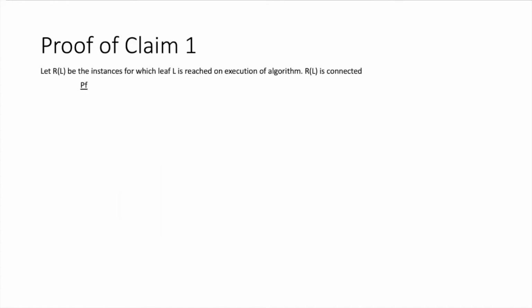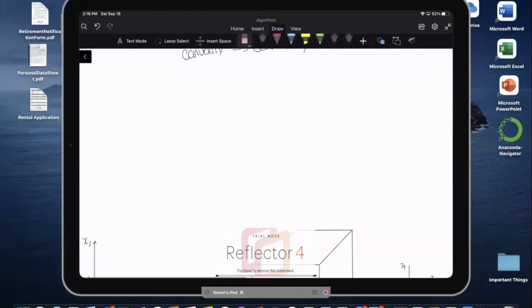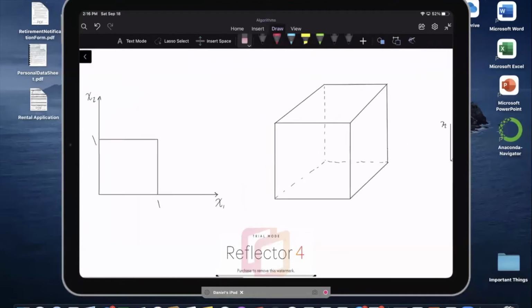So let's jump to the proof for claim 1 now. Again, claim 1: the region of L is the instance for which leaf L is reached on execution of the algorithm. Therefore, the region of L is connected. So let's take a look at what exactly claim 1 means.